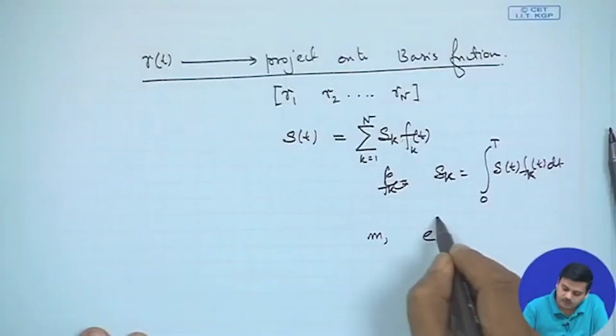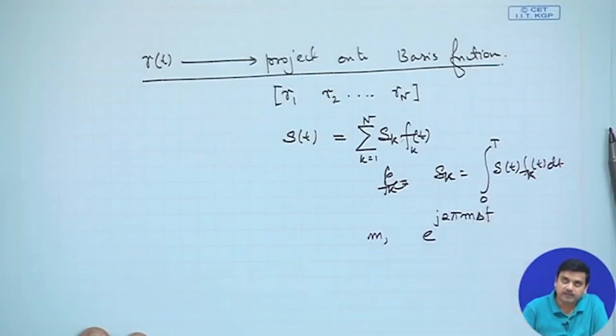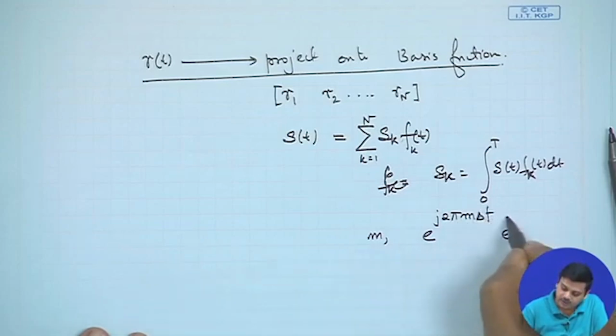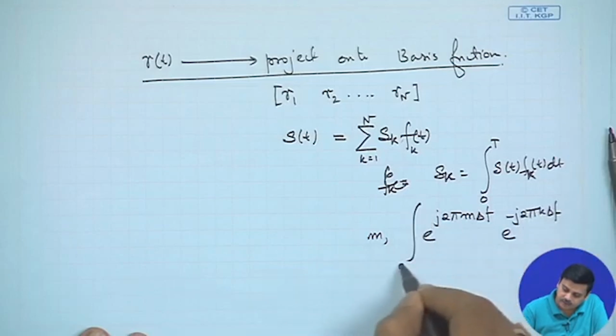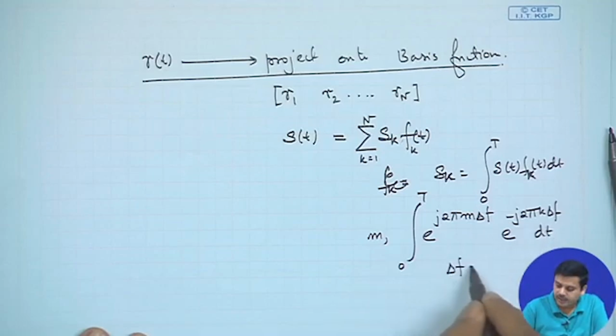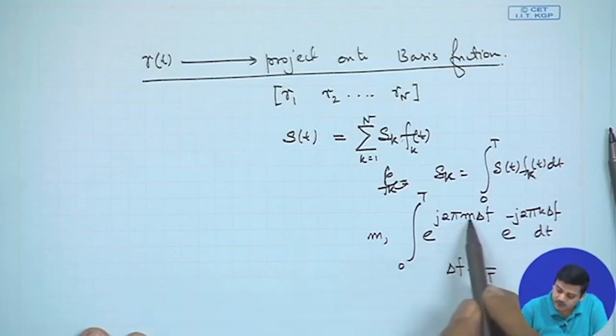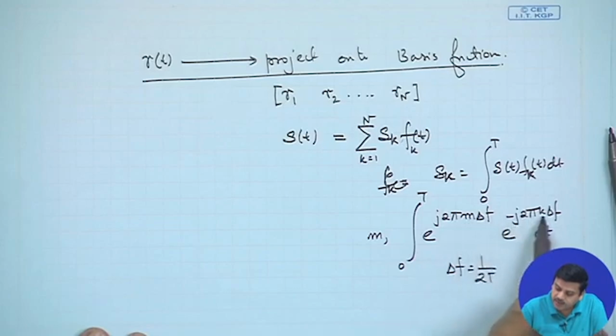So, if you had chosen m, that means e to the power of j 2 pi m delta f, and we are correlating with e to the power of j 2 pi k delta f in the interval 0 to T, and if delta f is selected as 1 by 2T, then we found that if m is equal to k, this would turn out to be 1, else if m is not equal to k, this would turn out to be 0.